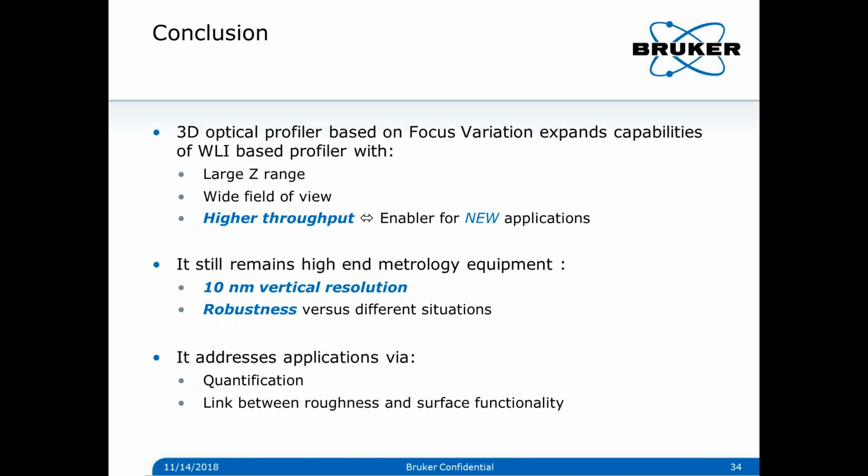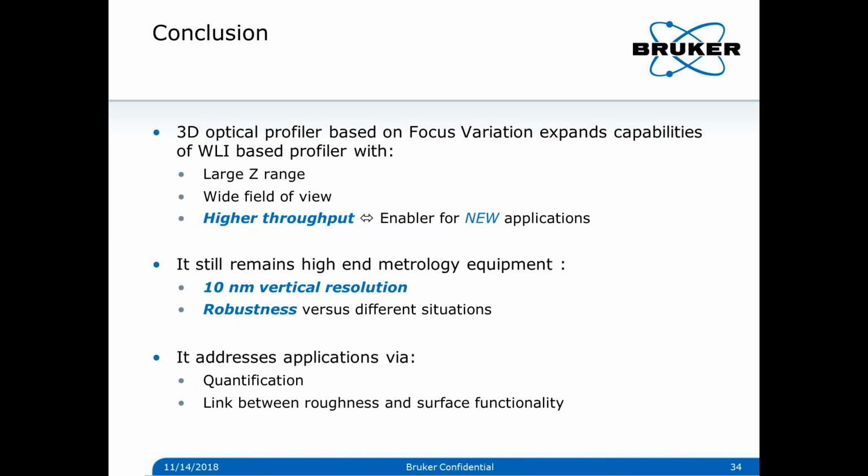All that combined with a large Z range and wide field of view allows higher throughput and enables new applications such as corrosion measurements, and fractured or tribology surface measurements.